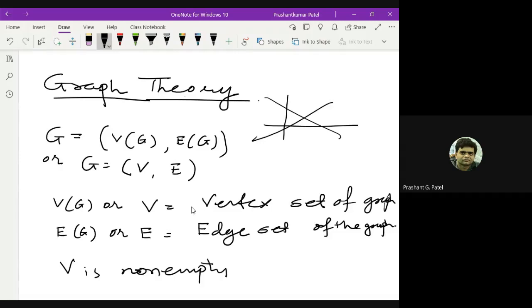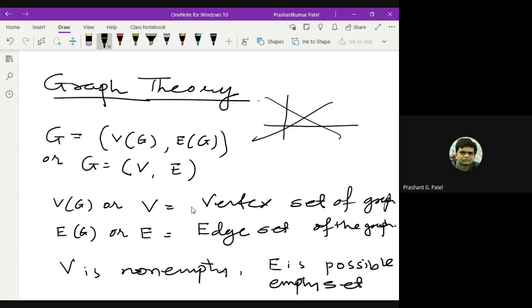Always the vertex set is non-empty, but E may or may not be empty. So it may be possible that there will be no edge in the graph. E is possibly an empty set, but it's not always non-empty. It may be possible that an edge set is an empty set.